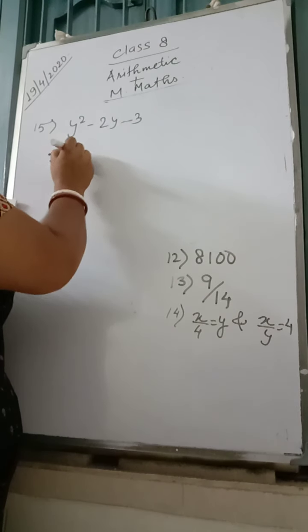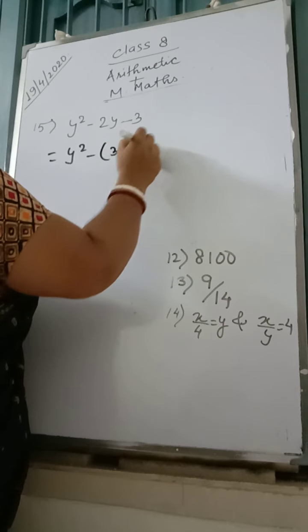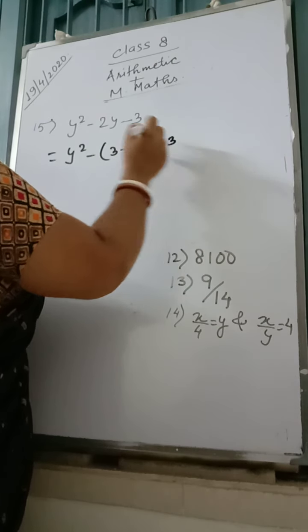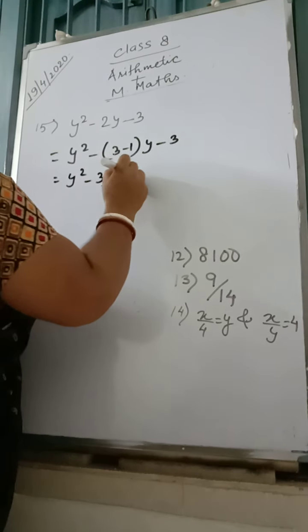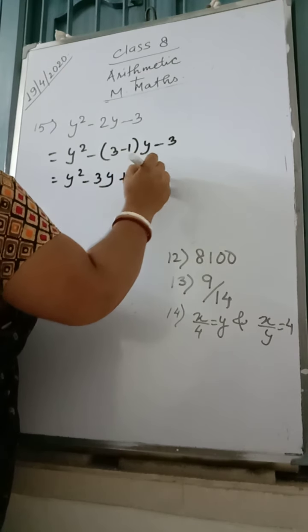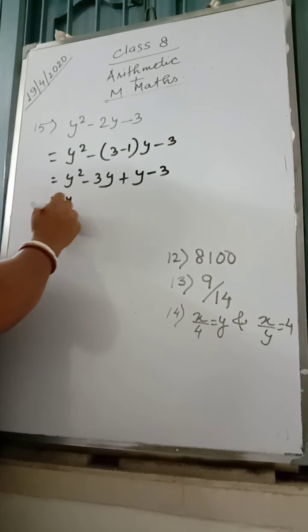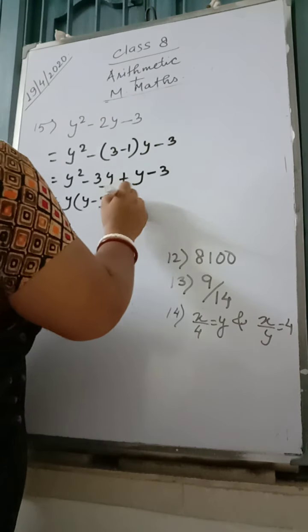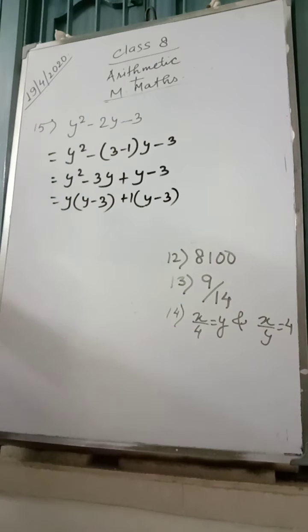We can write it as y square minus 3 minus 1 y minus 3, or y square minus 3y plus y minus 3. Taking y common, y minus 3, plus 1 common, y minus 3.